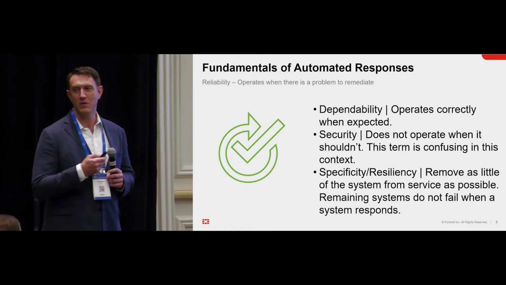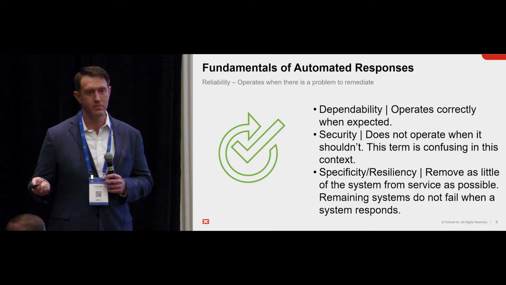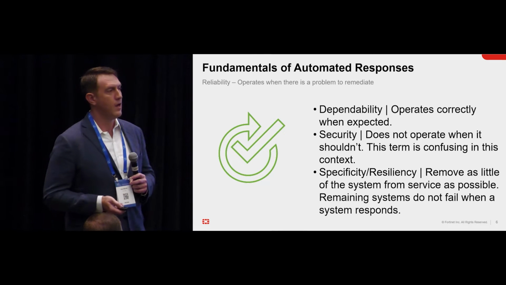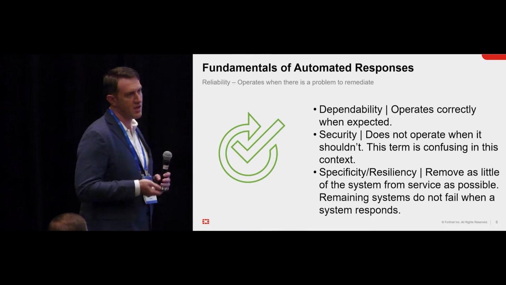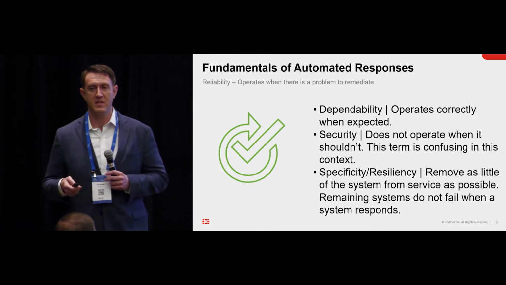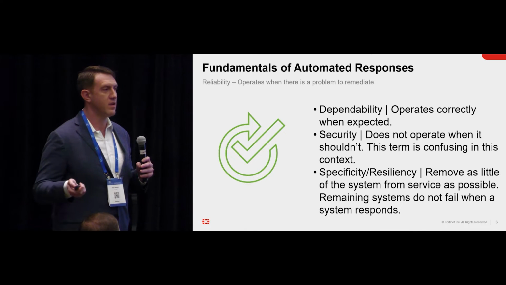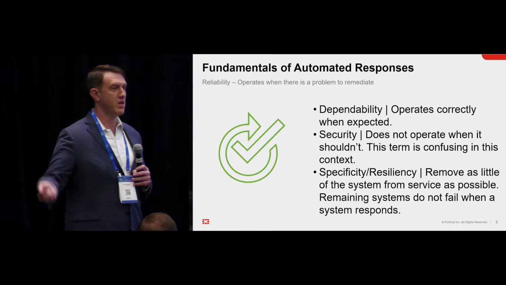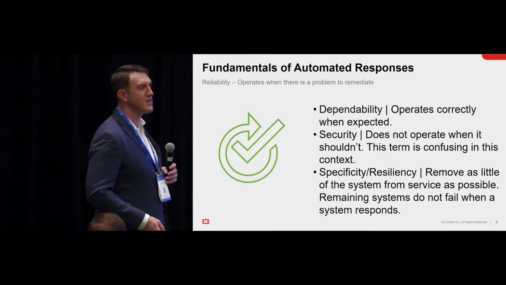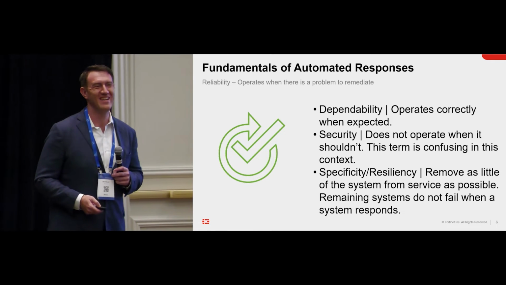But security, what that means here, is it does not operate when it's not supposed to, right? It sounds obvious, but again, we're talking about fundamentals here. Then we talk about specificity. I don't take down the entire state of Florida because I had a fault on one line, right? That happened in 2003, and we didn't like it. So we designed around it, right?